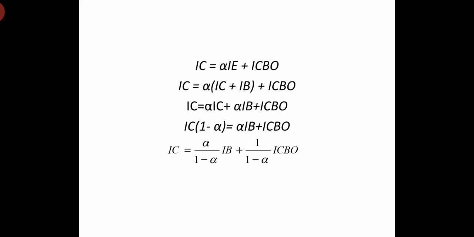If alpha varies by a small amount, beta varies by a large quantity. What is beta here? Alpha by 1 minus alpha is beta.